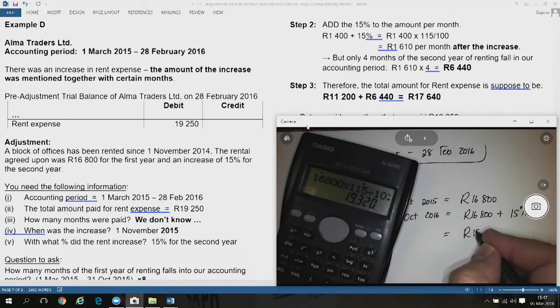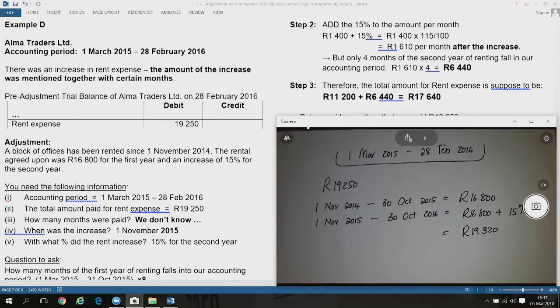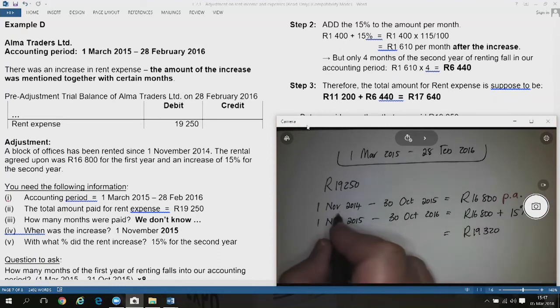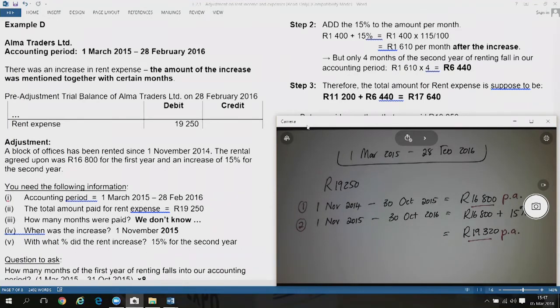So can you see that we are talking about years now? We don't talk about months. This was per annum in the first year, and in the second year, this is the amount per annum. So what we must do now is to see where our accounting period fits in.